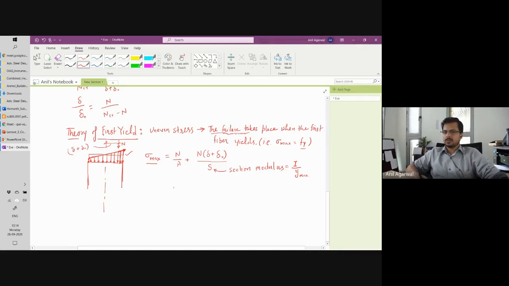So sigma max will be equal to this much, and according to this theory, this value has to be equal to Fy. Fine. Or in other words, Fy times A will be equal to N plus N times (delta plus delta naught) A divided by S. I have multiplied with A all over. Okay.